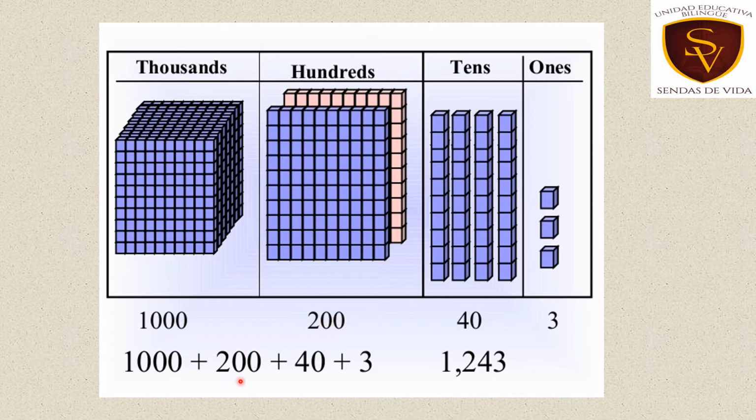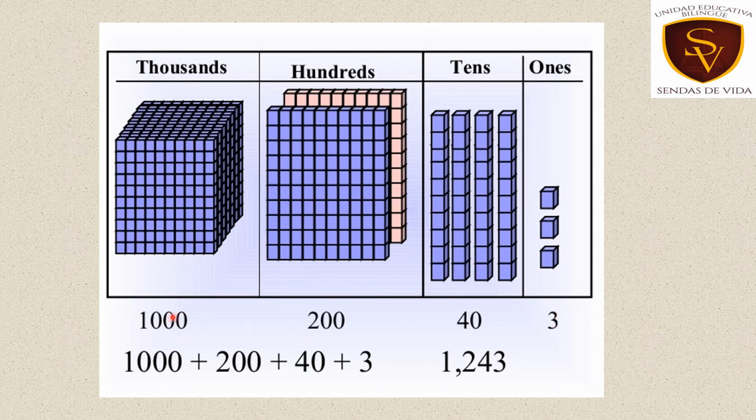And we write it down here, 200. Over here, how many tens do we have? 1, 2, 3, 4 tens. So that means 40, right? And finally the ones. 1, 2, 3 ones. And we write it down here, right?